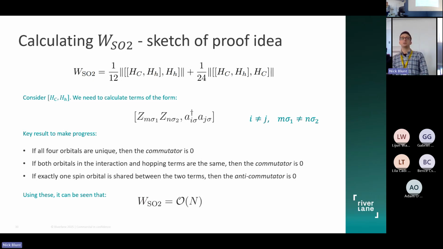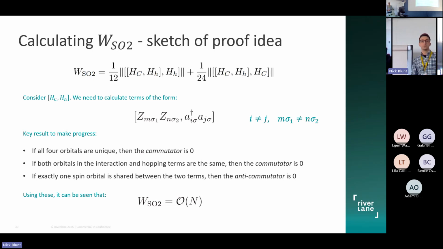Yes, that's right. If you just pick a particular interaction term involving 2 spin orbitals, there's only going to be order 1 hopping terms which will give a non-zero contribution, just the terms where one of the spin orbitals overlaps, essentially. So we have an identity and then the operator, but it will be expanded out in full over all the qubits again. Yes, that's right.